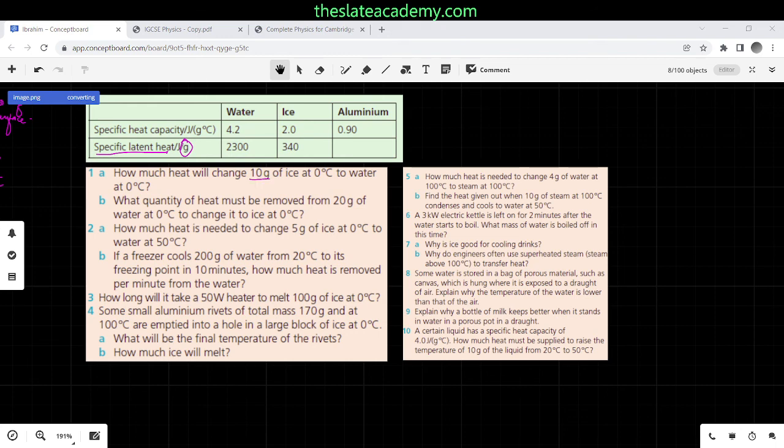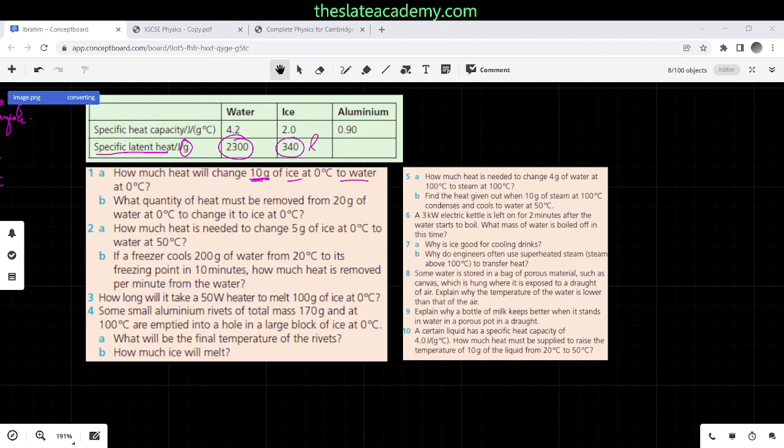So one thing, we do not need to change the mass from grams to kilograms. The other thing is, right now we are changing ice to water. So which one will we use, the one for water or the one for ice?